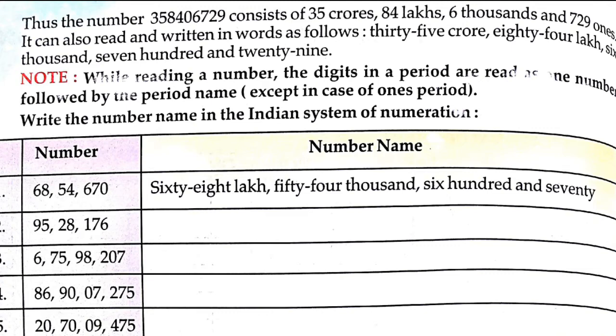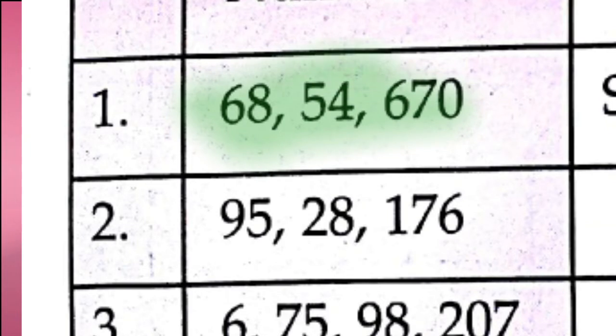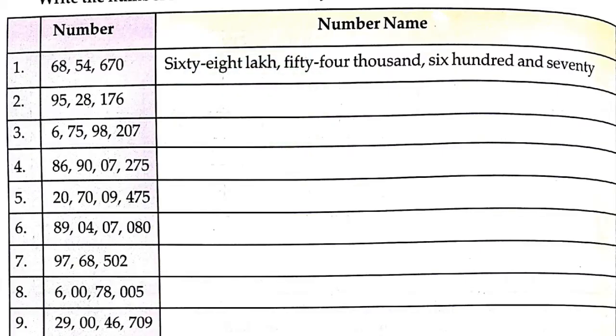Suppose a number 6854670. So 670 is in the ones period, 54 is in the thousands period, and 68 is in the lakhs period. So we will read it as 68 lakh 54,670. Likewise, you have to do all the problems on page number 78.